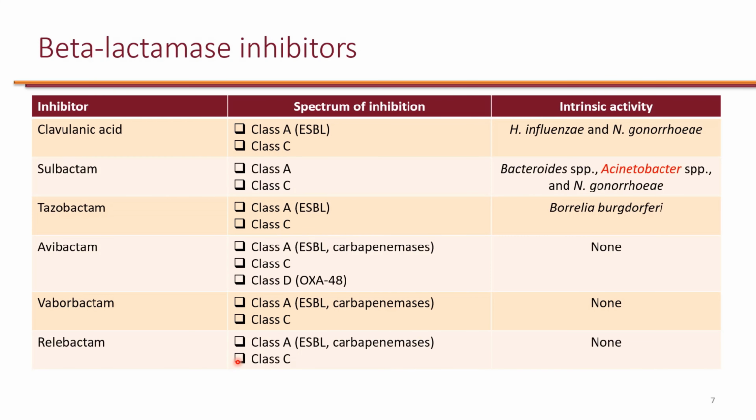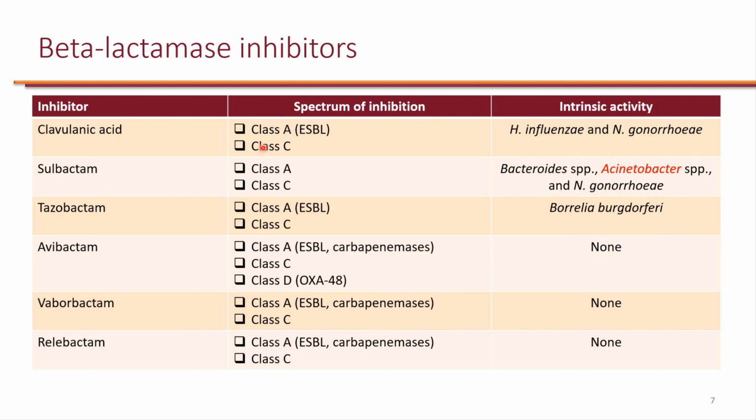Now, over the years, we have developed many beta-lactamase inhibitors that can be bundled with beta-lactams in order to prevent beta-lactamases from breaking down the beta-lactams. So we have clavulanic acid, which can inhibit class A, including ESBL, but not carbapenemases.